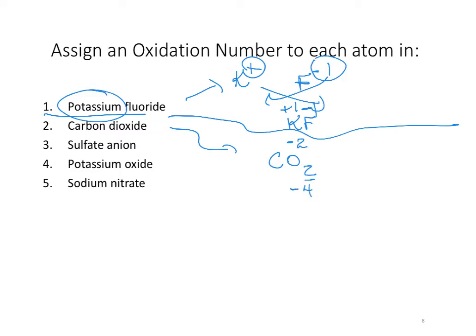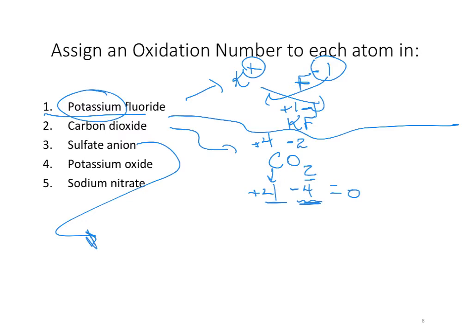So since there are 2 oxygen, their total contribution is -4. Carbon dioxide overall has 0 charge. So I know that whatever the oxidation number is for carbon, it must add together with this -4 to give me 0. So that tells me that this carbon in carbon dioxide has a +4 oxidation number.